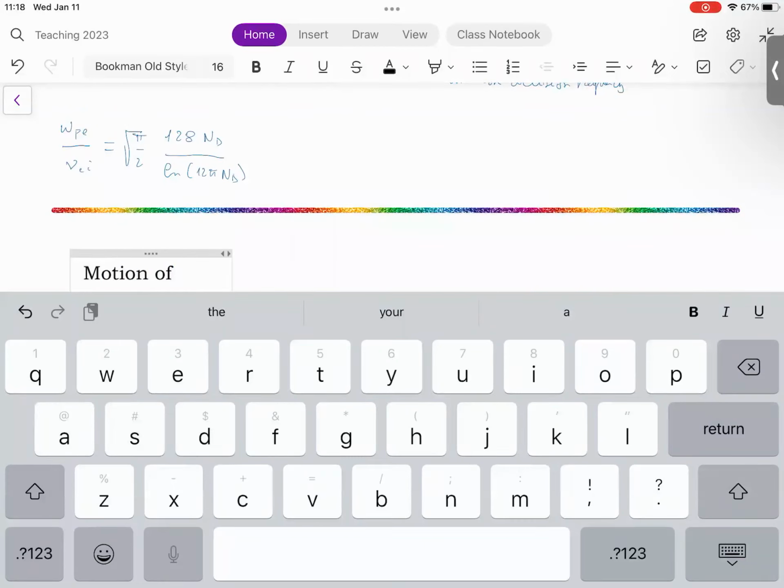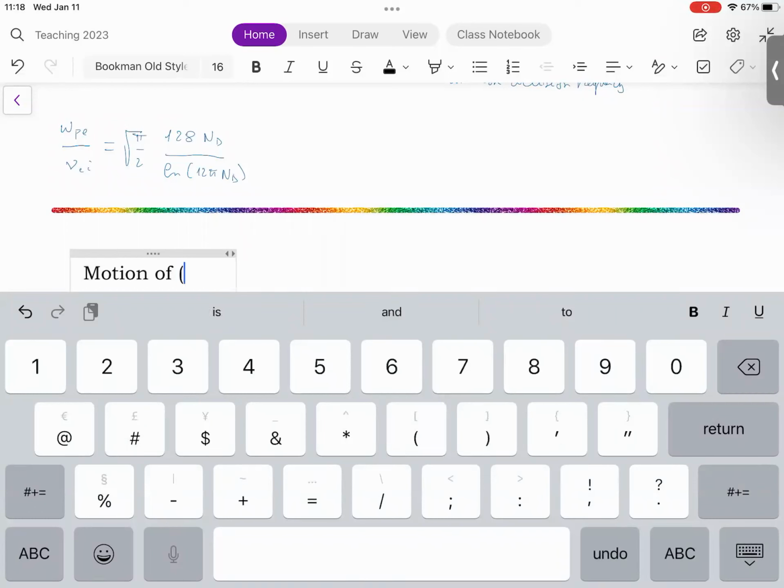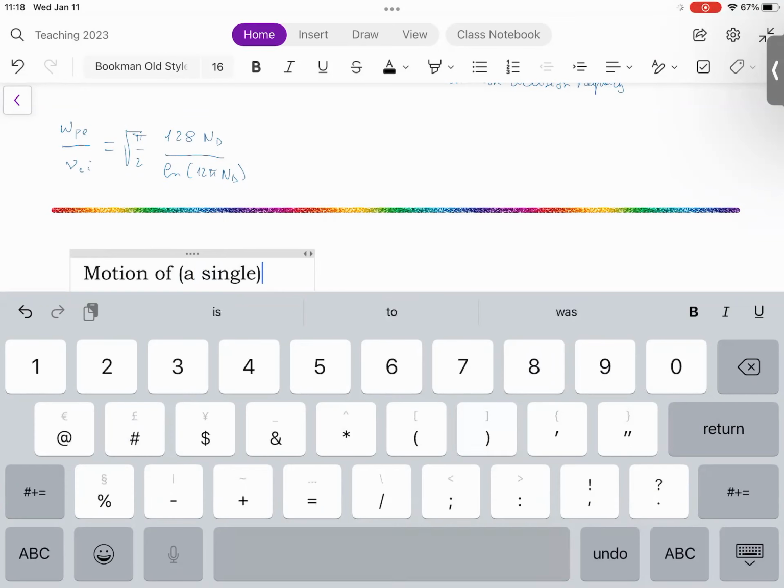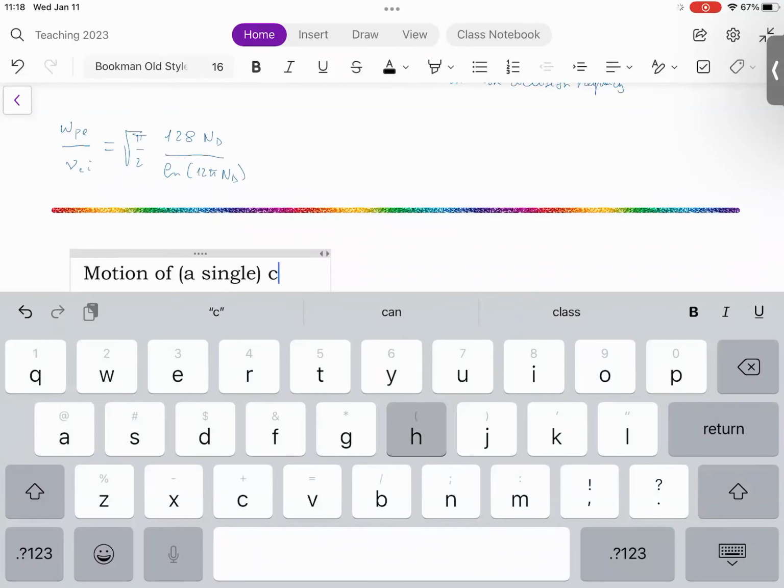What we could say, I could use the plural, in the presence of electric and magnetic fields. Particle in the presence of fields.